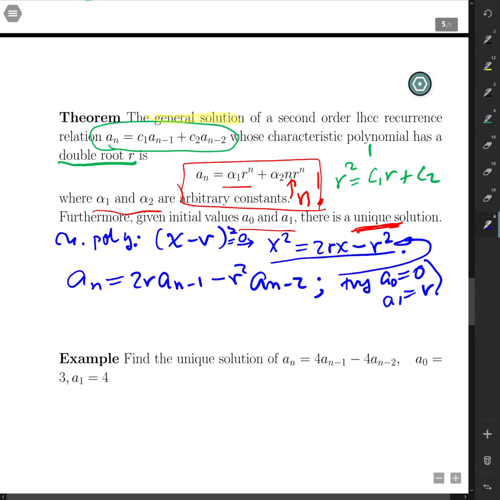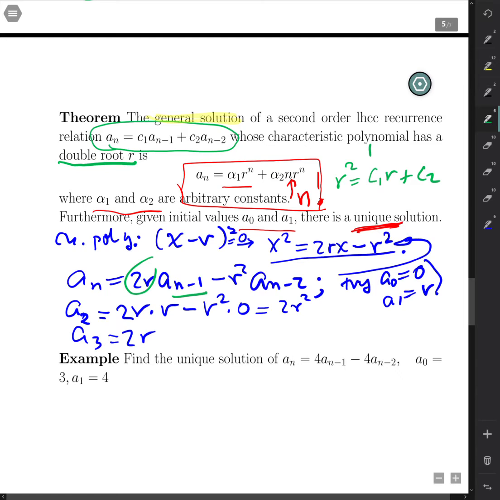So if we do this and look at a2, it would be 2r a1, which is r, minus r squared times a0, which is 0, and that's 2r squared. There's the 2. A3 would be 2r, I'm looking back up here, of course, and now it's going to be a2.